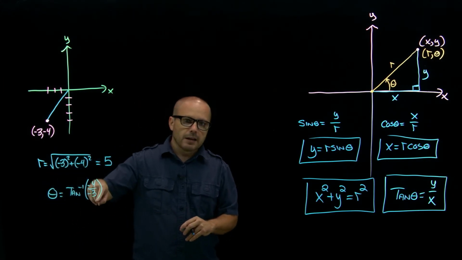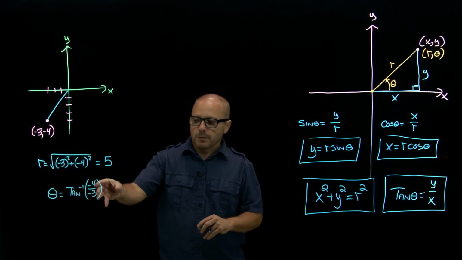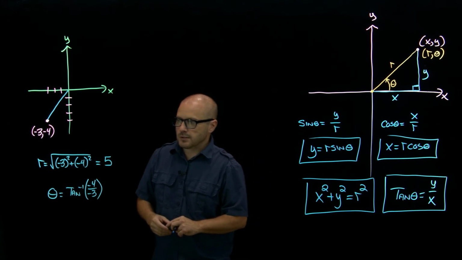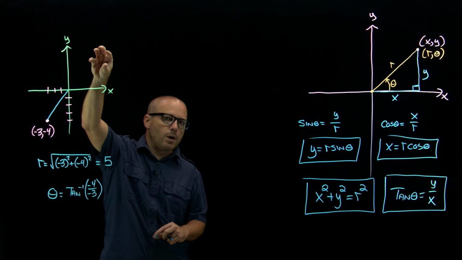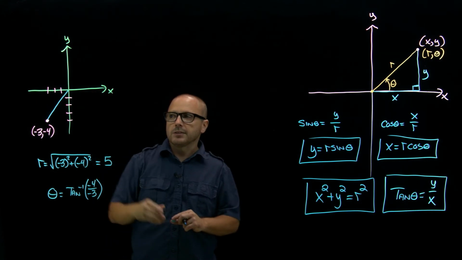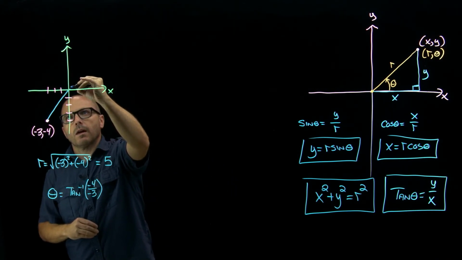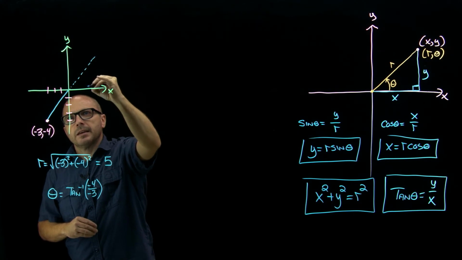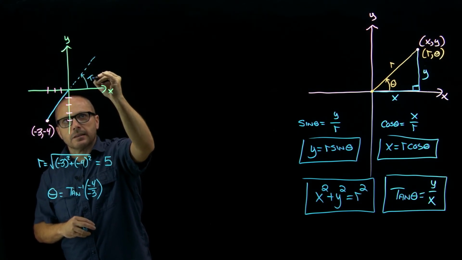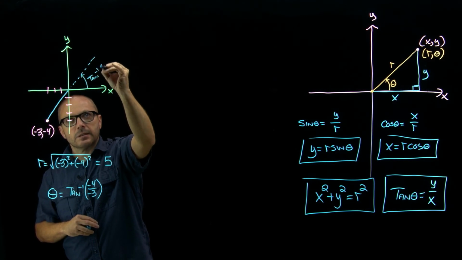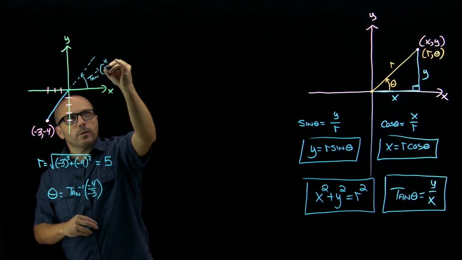Well, think about this. -4 over -3, that's a positive number. It's a positive 4/3. Tangent's positive here and here, but this quadrant is where inverse tangent's going to give us the answer.